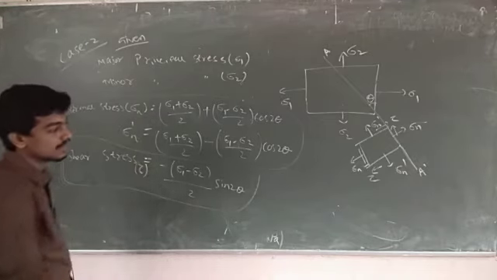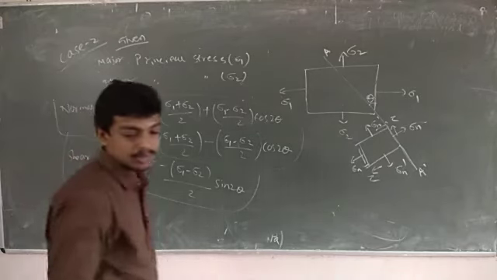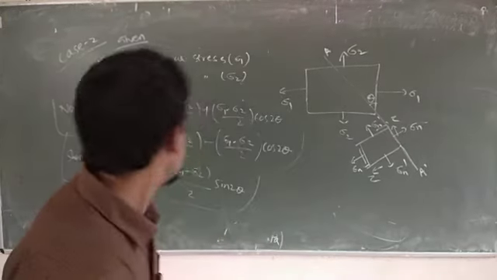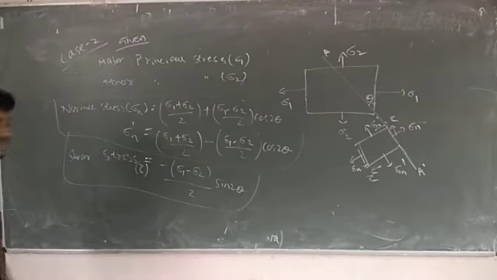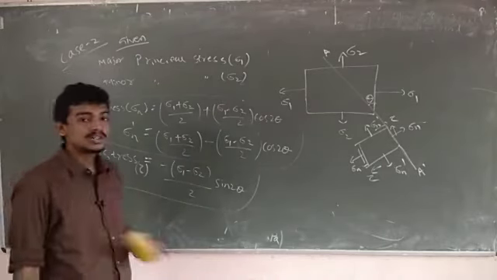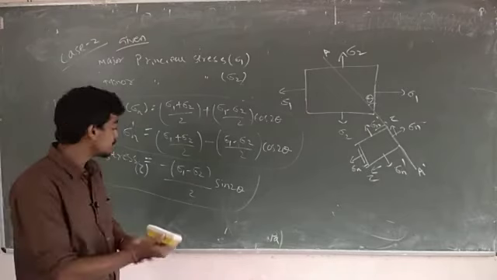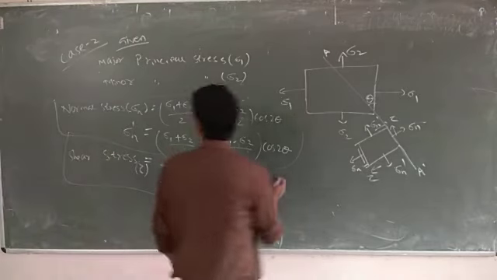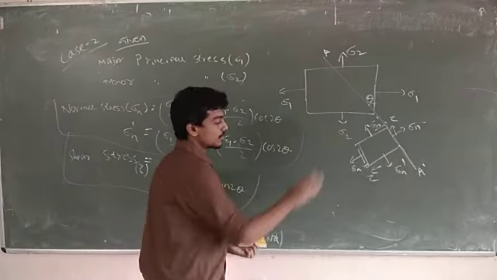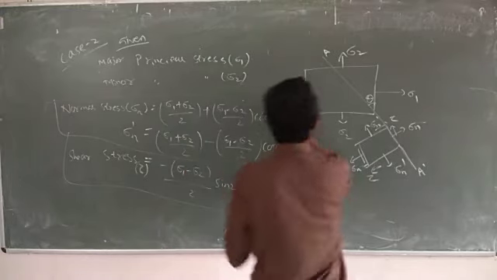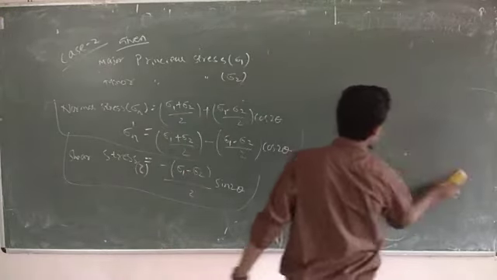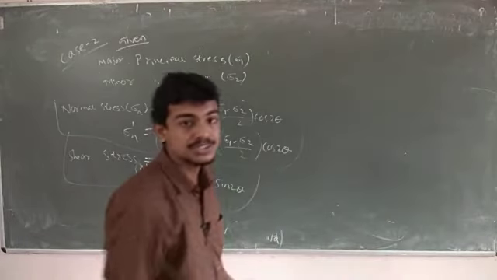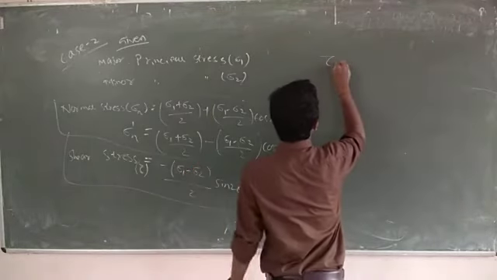Okay, so this is all about case 2, but in this case some special cases exist. In one or two problems you may find a question asking for the maximum shear stress, tau max.